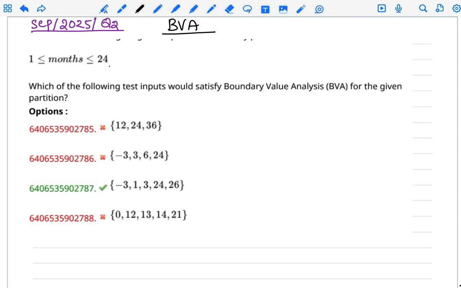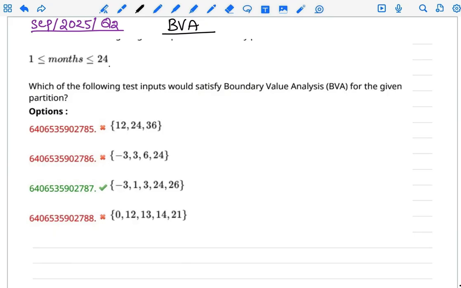Friends, this question is related to the September 2025 quiz 2 on BVA, boundary value analysis. This is one of the black box, functional testing techniques.